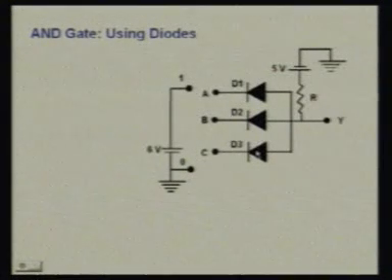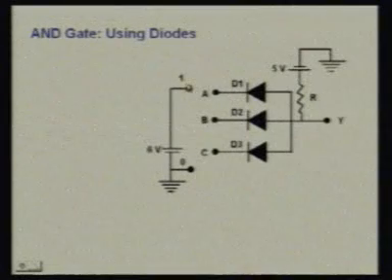So they will all be in conducting state, and since we have taken output at the P terminal and the ground, we will be getting the voltage drop of only 0.3 volt, which is the saturation voltage, 0.3 volt if it is germanium, and 0.7 volt if it is a silicon diode. So the output will be in 0 state.